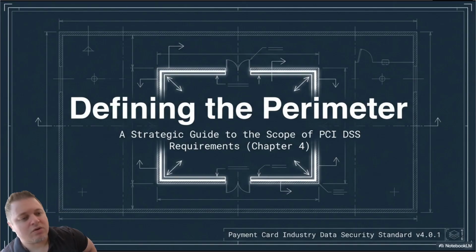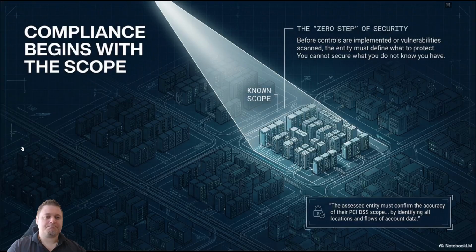I am going to go over defining the perimeter in PCI DSS today, which is a strategic guide to the scope of PCI DSS requirements, Chapter 4, Payment Card Industry Data Security Standard 4.0.1. Now, with PCI DSS, compliance begins with the scope of the project.